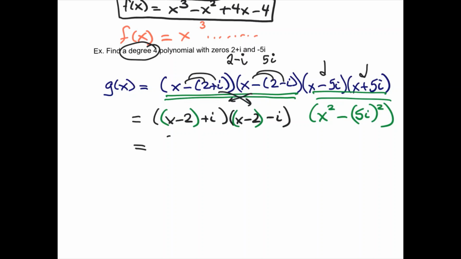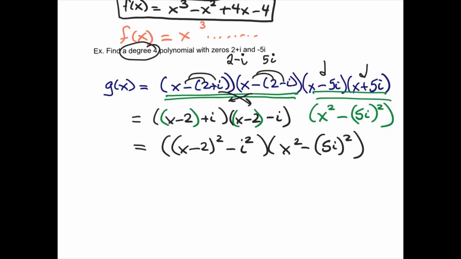So when you FOIL this, it's going to be x minus 2 squared minus i squared. And then x squared minus 5i squared. And again, this algebra is very hard, very tricky. So if I take x minus 2 squared, I'm going to get x squared minus 4x plus 4. And if you're unfamiliar, that's just because I'm taking x minus 2 times x minus 2.